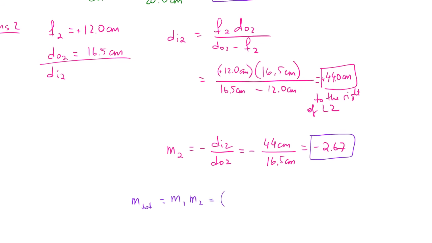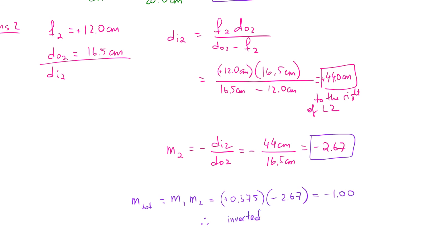Let's multiply them together: positive 0.375 times negative 2.67 equals negative 1.00. So what does this mean? It means that our image is actually inverted because of this negative sign.